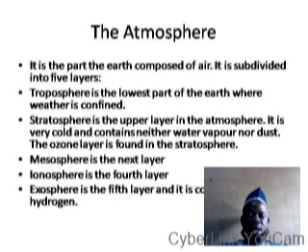But we know what our activities do to ozone layer, depleting it. So the ozone layer is at the stratosphere.